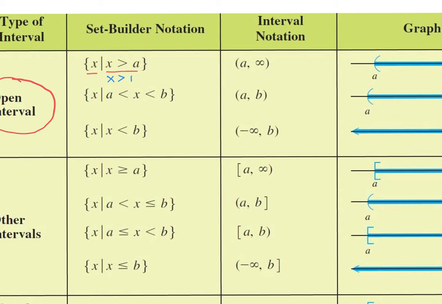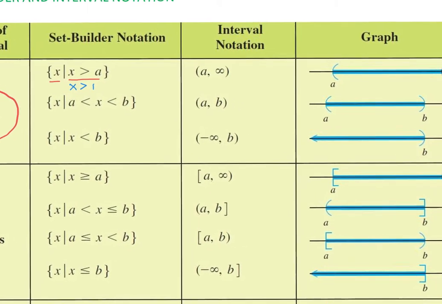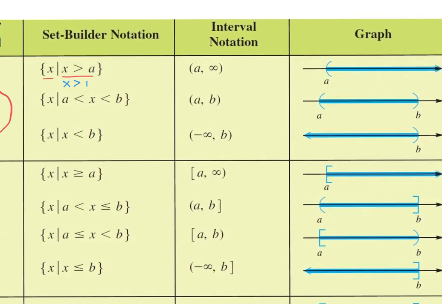Now when we look at the interval notation, since our x values are strictly greater than our a value, that means that it cannot be equal to the a value. And in fact, if you look at all of these inequalities in set builder notation for the open intervals, it's always a greater than, a less than, but not an or equal to.